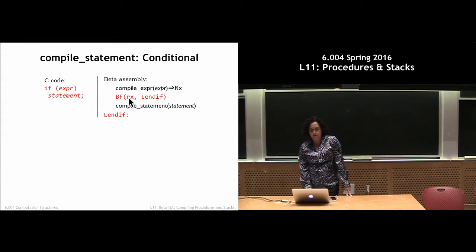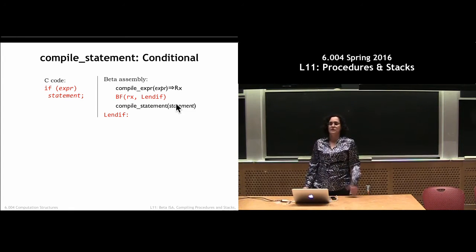In other words, if the expression is not true, then you don't want to execute the statement. So you jump over to this end if label. However, if it is true, then you do want to compile a statement, and so then you call compile statement on this. And again, this might recursively call other compile expressions or other compile statements, but eventually you'll get to a point where you know how to translate it into a beta instruction.